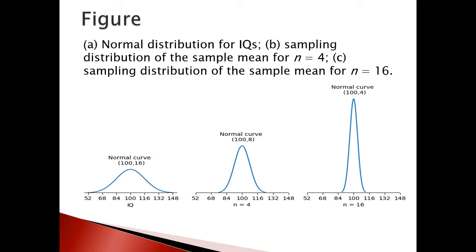Then the third figure shows that the possible sample mean IQs for samples of 16 people have a normal distribution with mean 100 and standard deviation 4.